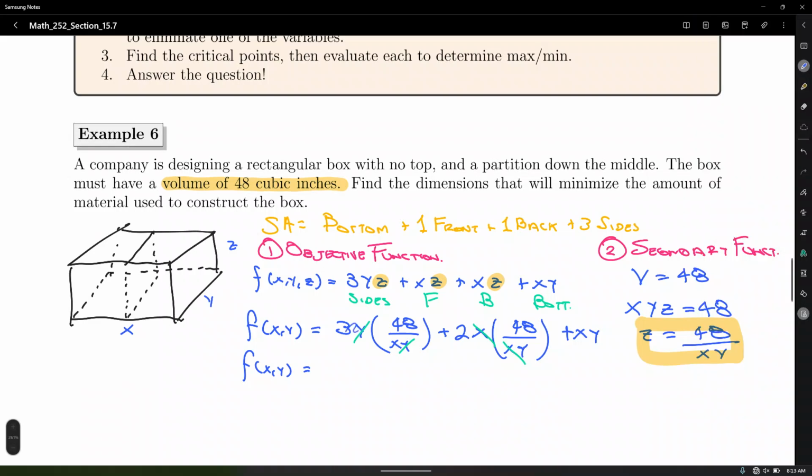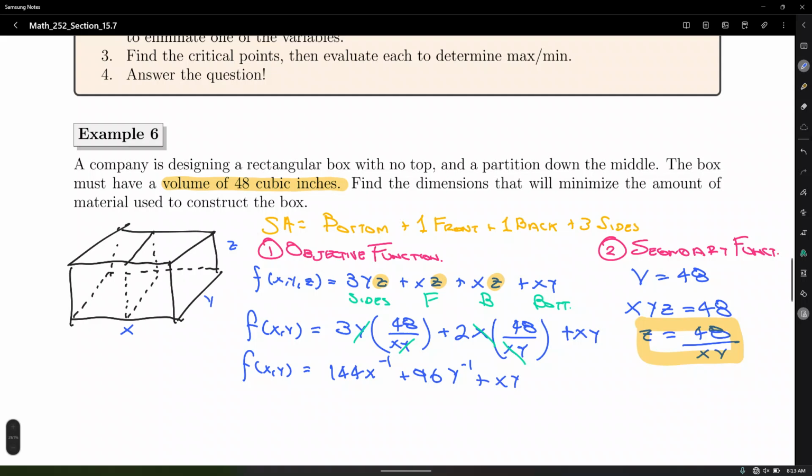That's going to leave us with 3 times 48, which is 144, over x, which is the same as x to the negative 1, and 48 times 2 equals 96. See how we reduce the x's, so we're left with y in the denominator, move it to the numerator with a negative exponent, plus xy. Right? So that is the function that is ready to do calculus on.